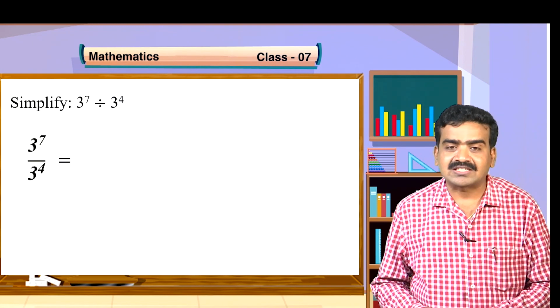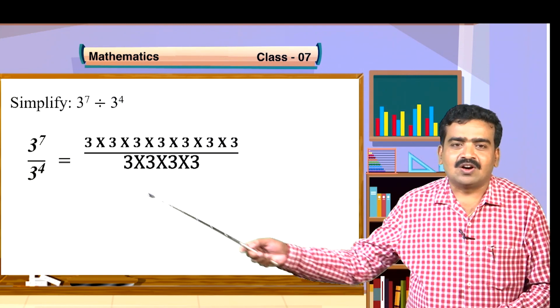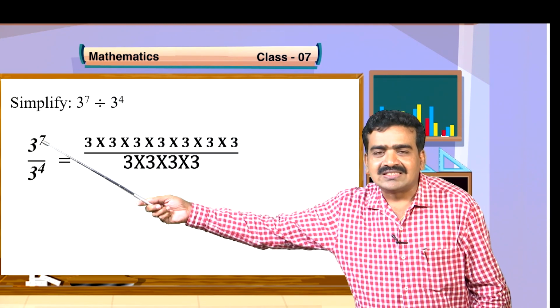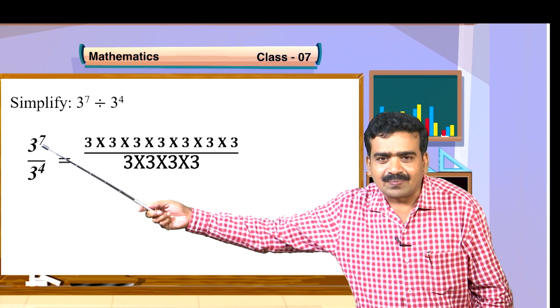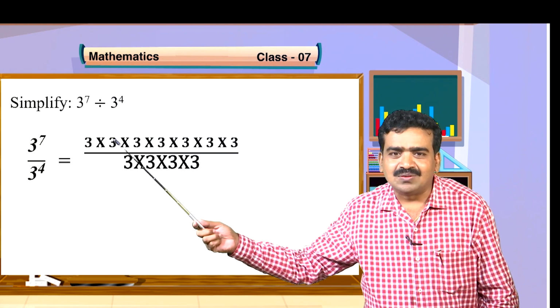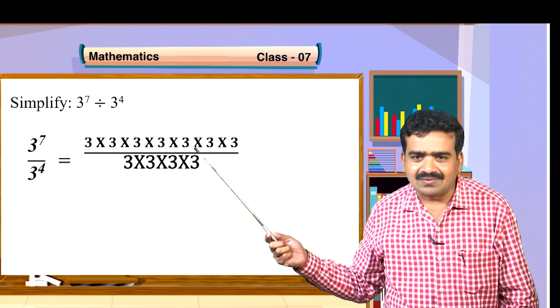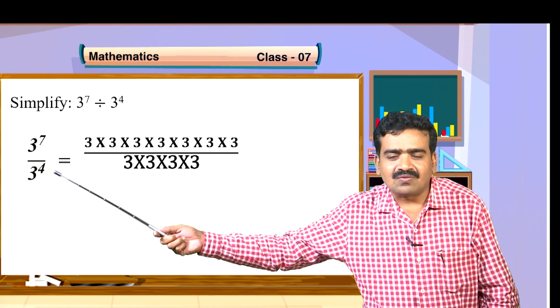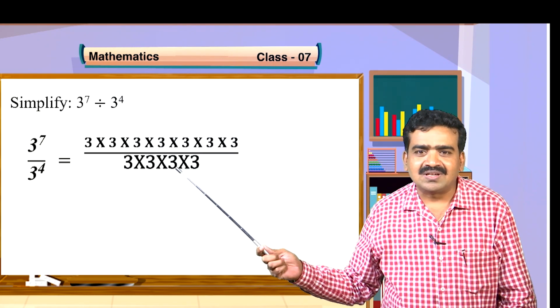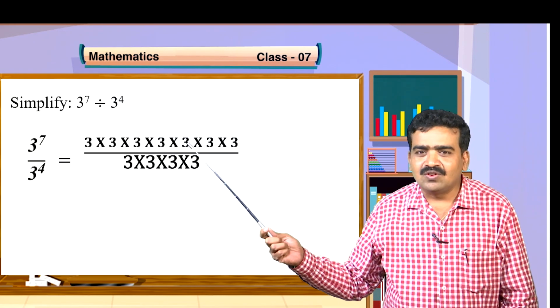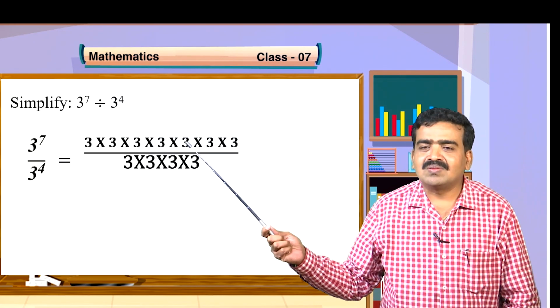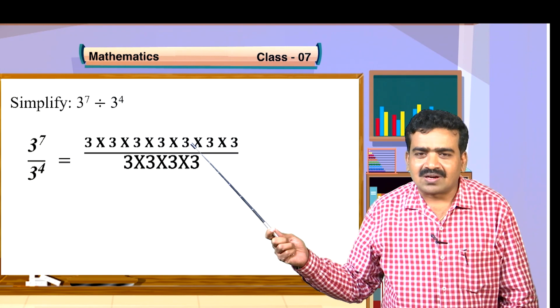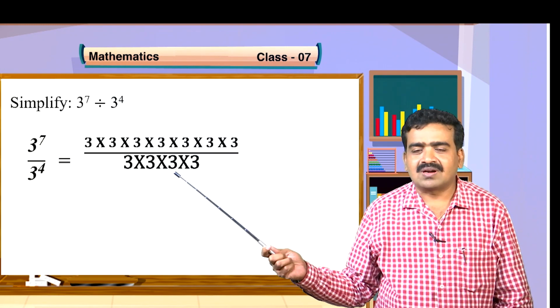When we expand it, how many times is 3 repeated here? 7 times 3 is repeated. So, write 3 into 3 into 3 into 3, that is 7 times, and 3 to the power of 4 can be written as 3 into 3 into 3 into 3. In the numerator and denominator, the same numbers are there, that is the product of 3 is there, and in the denominator also the product of 3 is there.